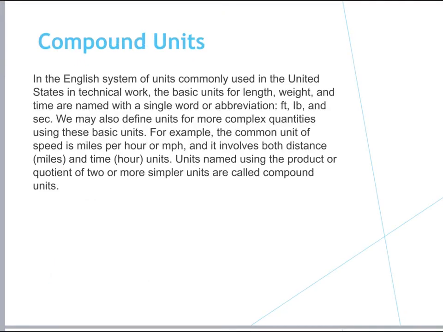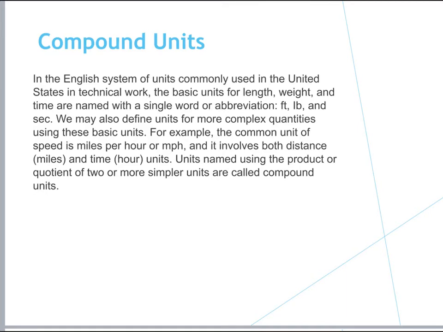So in the English system of units commonly used in the United States in technical work, the basic units for length, weight, and time are named with a single word or abbreviation. So like FT for feet, LB for pounds, and SEC for seconds. We may also define units for more complex quantities using these basic units.